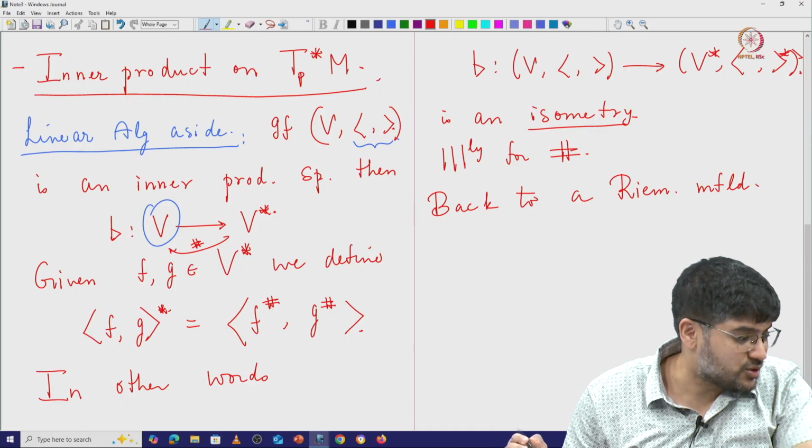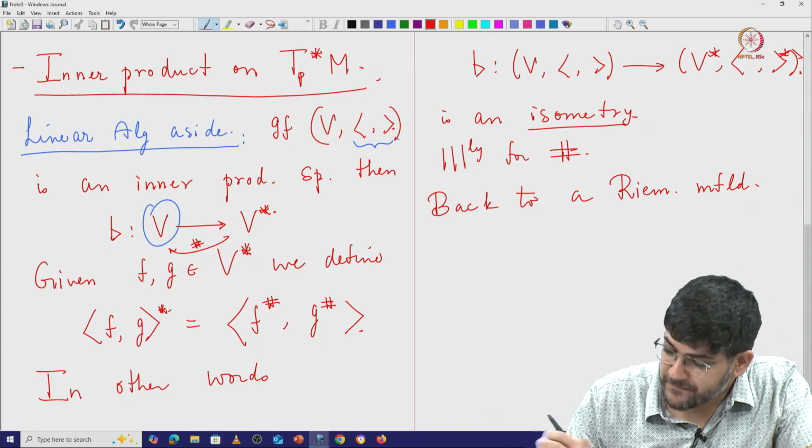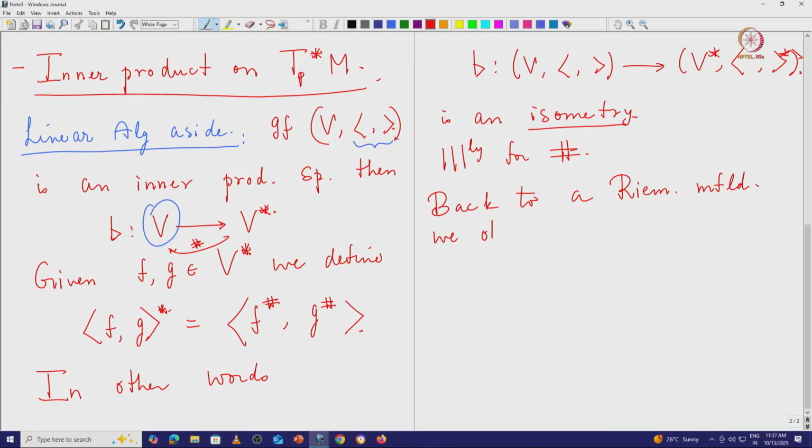So we obtain an inner product on the cotangent space at every point. Okay, so my claim now is the following.